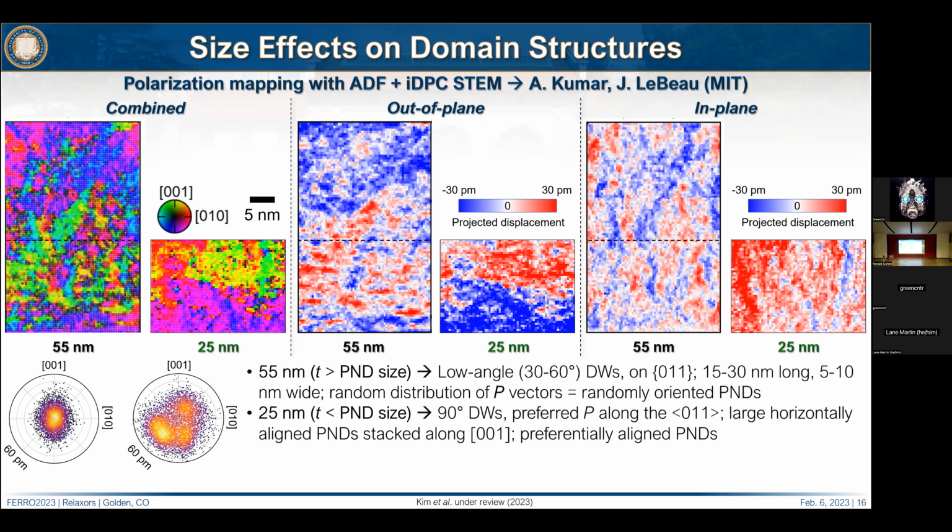So we have something that looks more like largely horizontally aligned polar nanodomains stacked along kind of this 001 out-of-plane direction of these systems. So you have some preferential alignment to the polar nanodomains, which shows up in this Fourier transform of the polarization. We think this explains why this is turning down. And basically, we're freezing out the polar nanodomain reorientation.